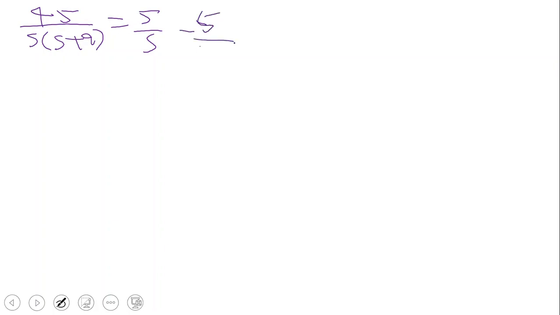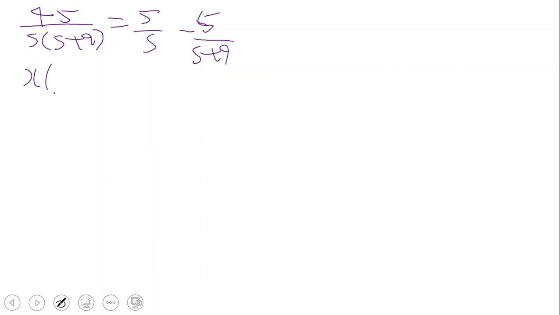So 45 by s into s plus 9, if you take partial fractions and simplify, we will get 5 by s minus 5 by s plus 9.